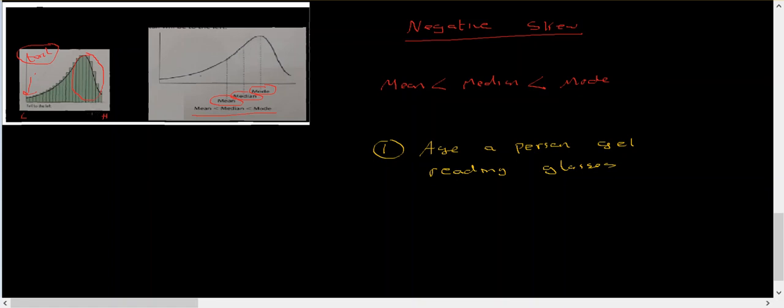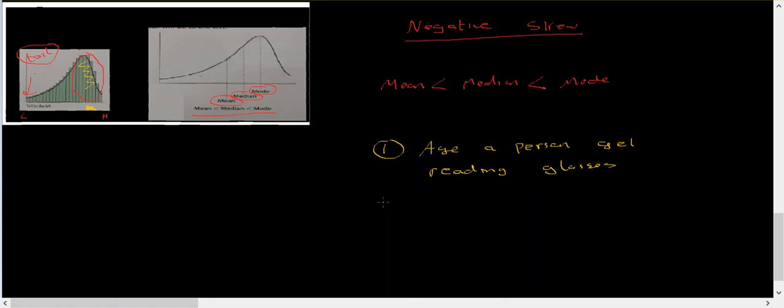When a person is older, generally what you'll find is that as you get older, your near sight eyesight tends to deteriorate. So at an older age, you're going to need reading glasses, for example. So the majority of people who need reading glasses, if you look at the age as the value, it's going to fall up here on the higher end of the scale.